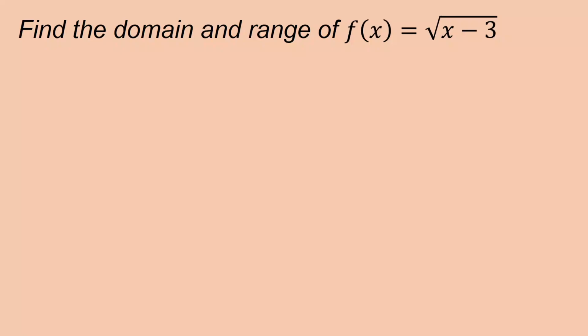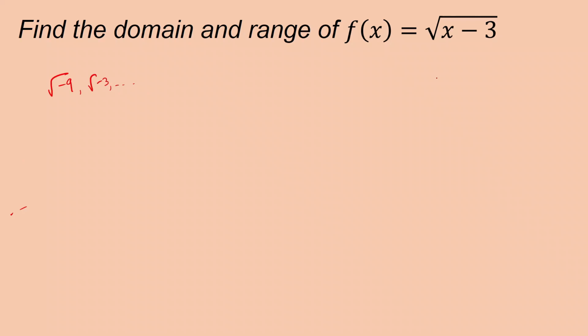All right, next question. Find the domain and range of root over x minus 3. So what about the domain? We know that for any function, whenever we are getting root over negative values, that is undefined. Root over minus 9, root over minus 3, all these are undefined.